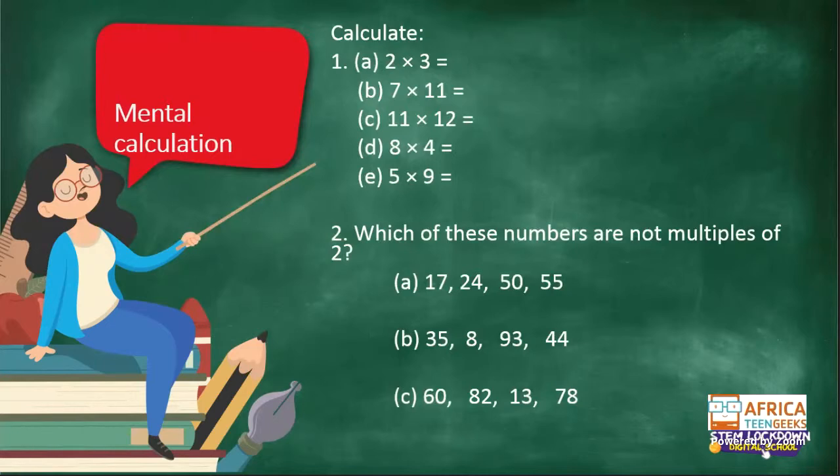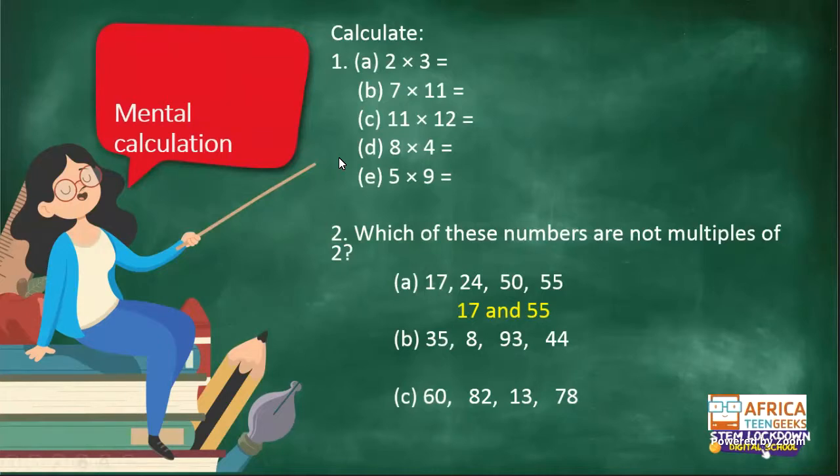Thank you, 132. 11 multiplied by 12 is 132. So D, we have 8 multiplied by 4, 32. The last one, E, we have 5 multiplied by 9. Thank you so much. It is 45.